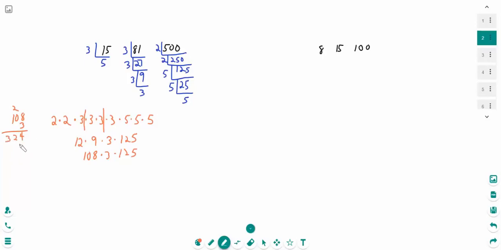Right? And then we will have 324 times 125. Hope I have room over here. 20, 10, 12, 15, 16, 8, 4, and 6. And then we have, what do we have here? 4, 2, and 3, if I can fit them.